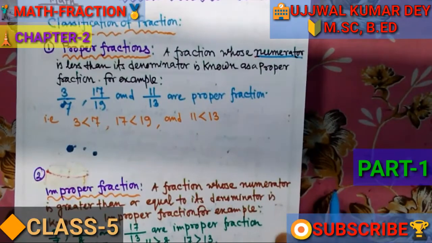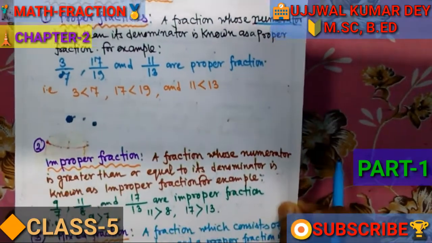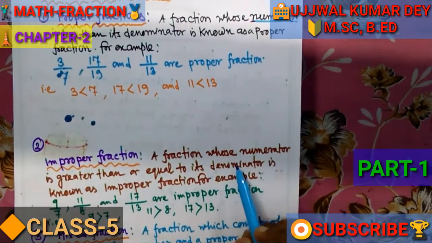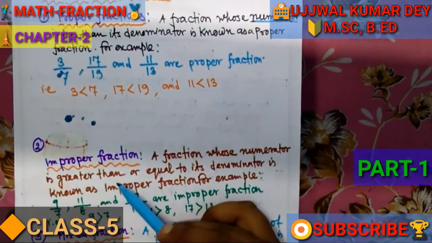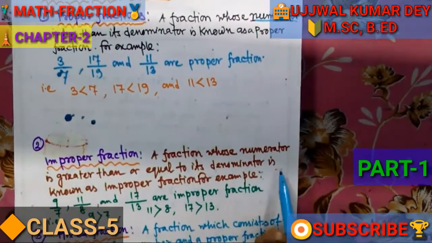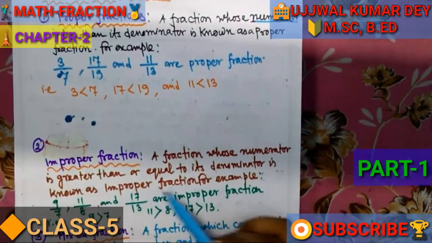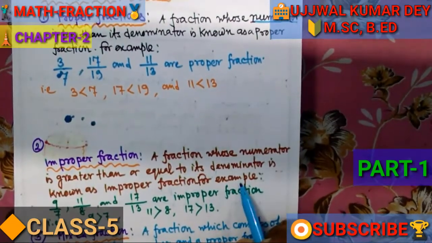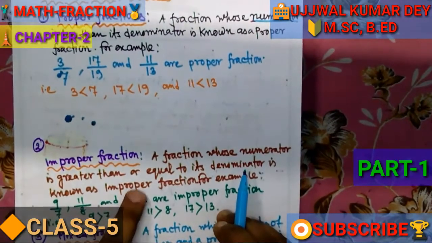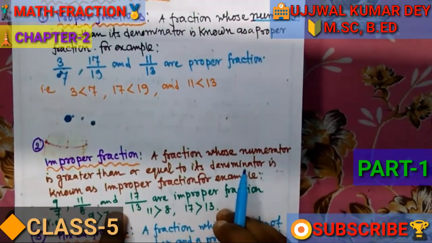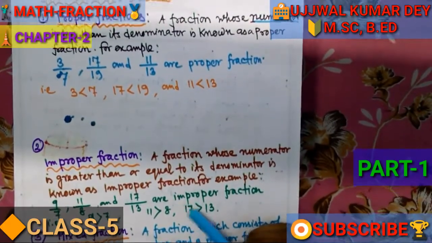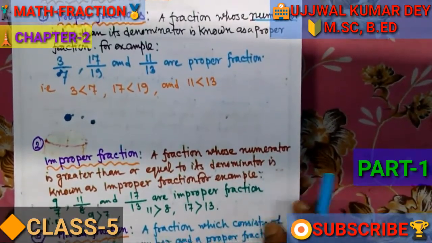Okay children, now we discuss the improper fraction. A fraction whose numerator is greater than or equal to its denominator is known as an improper fraction. For example, 9/7, 11/8 and 17/13 are improper fractions, right?